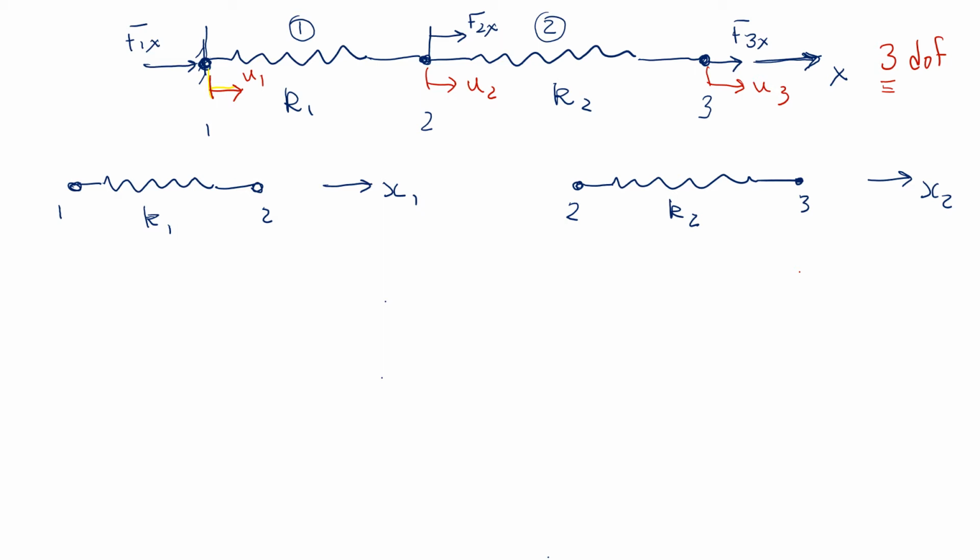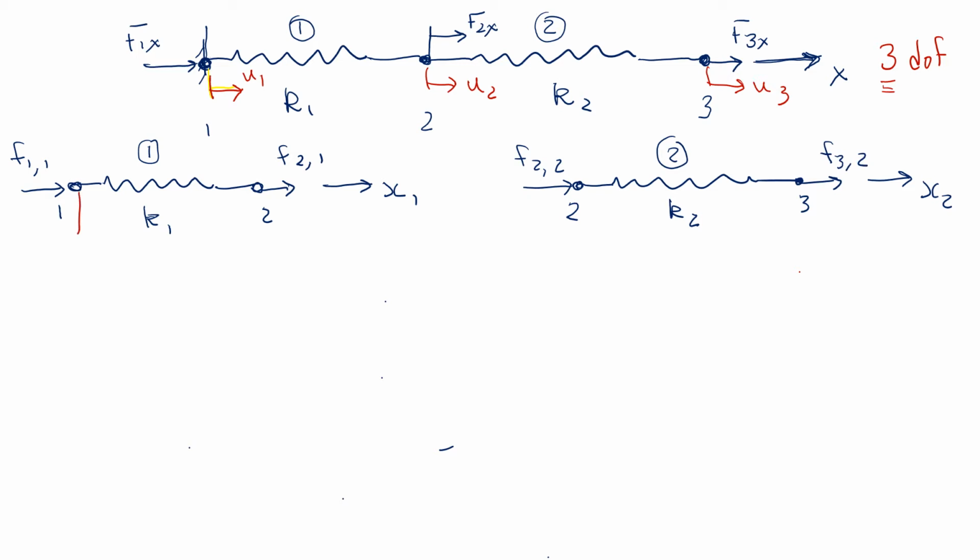For each of these elements, I can identify the nodal forces. So for element 1, I'm going to have at node 1, F1,1, identifying that this is applied to node 1, element 1. And at node 2, I'm going to have an F2,1. Likewise, for element 2, I'm going to have an F2,2, and at node 3, I'm going to have an F3, element 2.